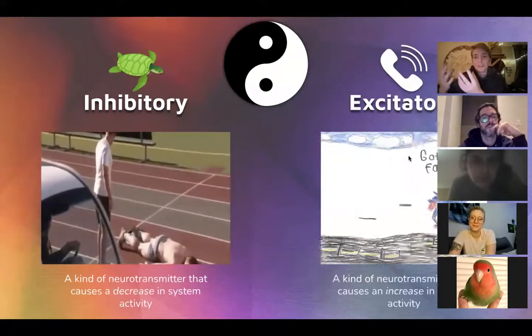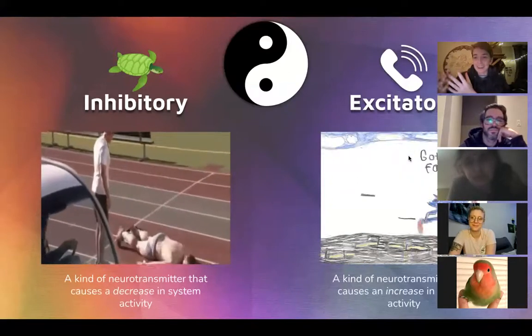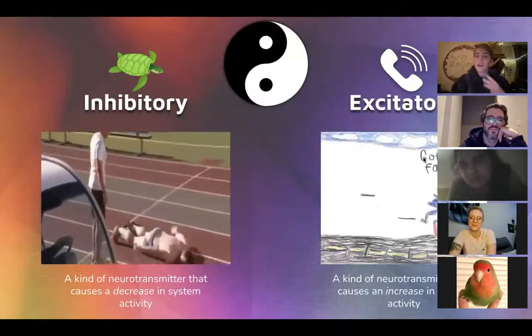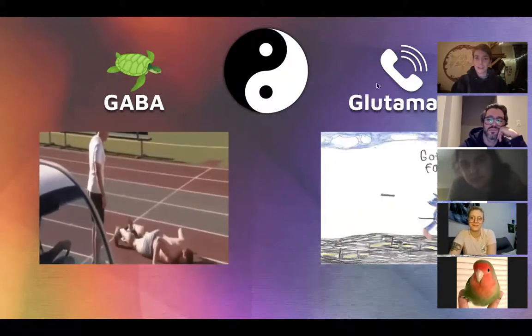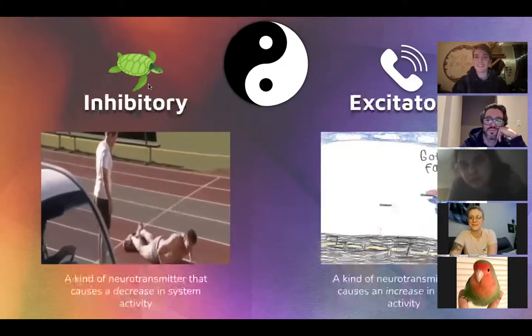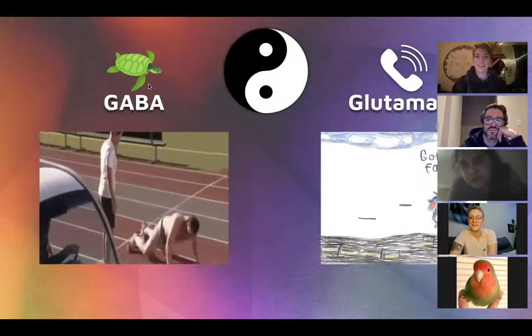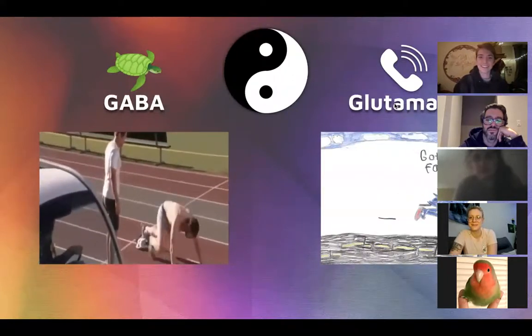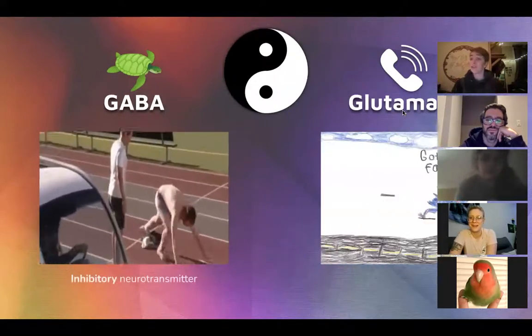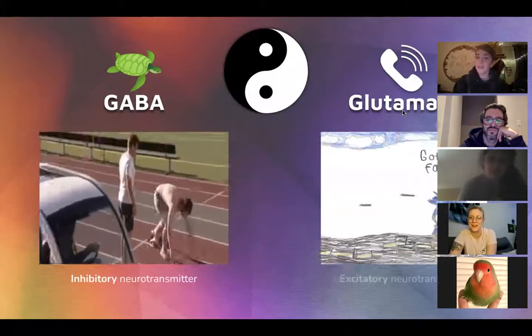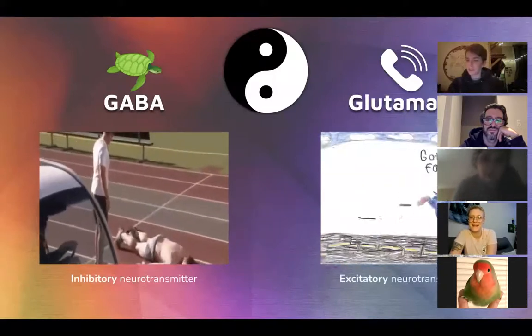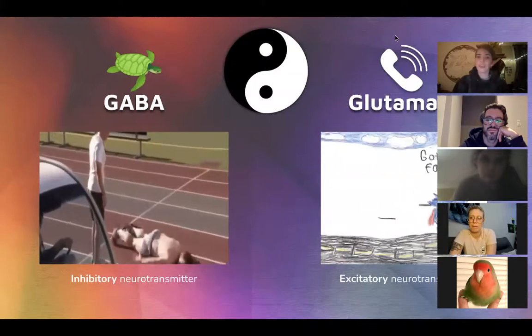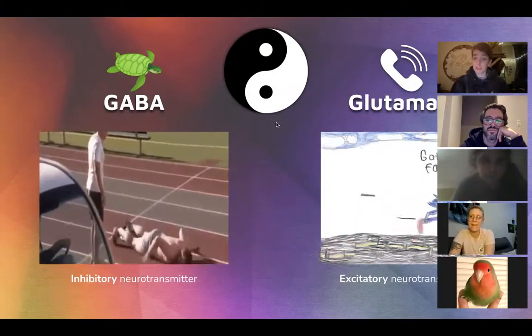Excitatory increases something, it enhances something. I hate that this stuff is not positioned in the same place on both of these slides. So the main inhibitory neurotransmitter in your system is GABA. The main excitatory neurotransmitter is glutamate. You can think of these as opposites.